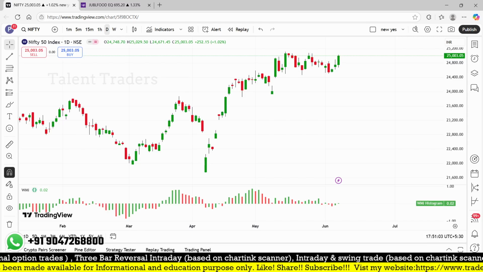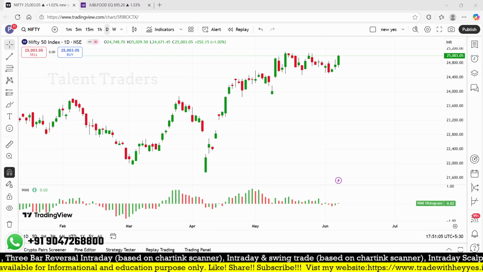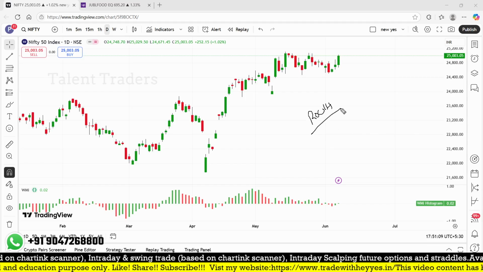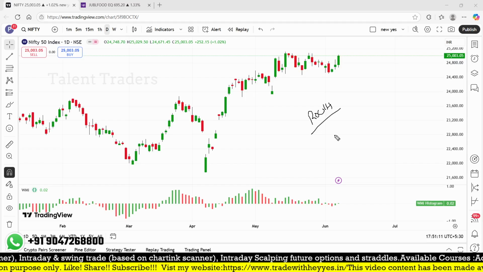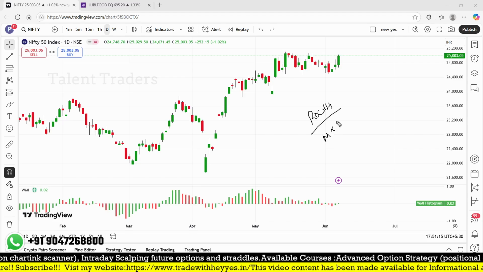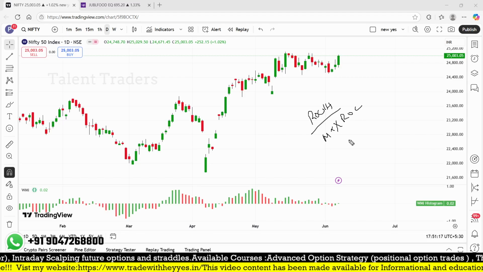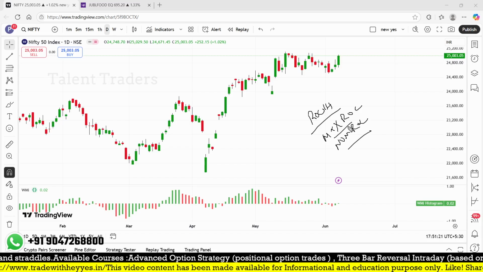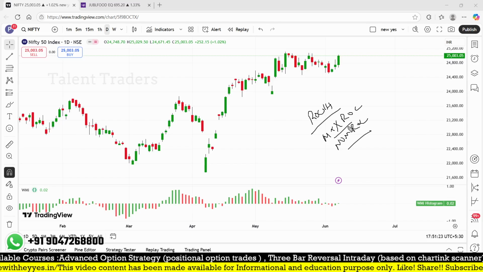Let me tell you how it works. It is based on the 14-period ROC, and one other is the max ROC, which we have to fetch. Then we have to take a normal ROC. These are all custom coding required to find the ROC.